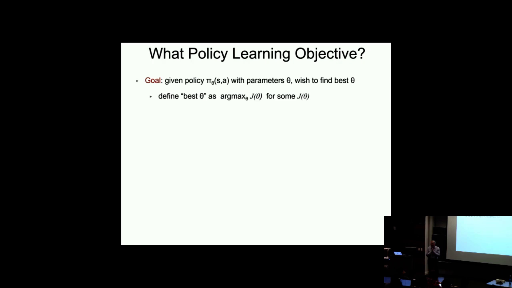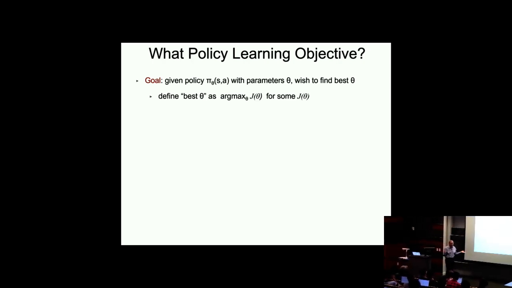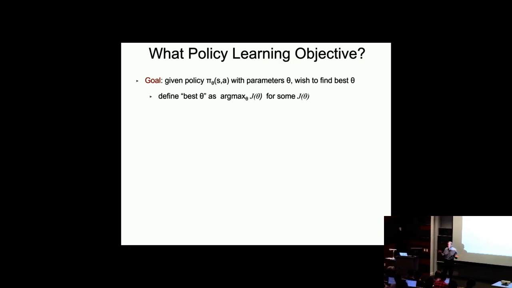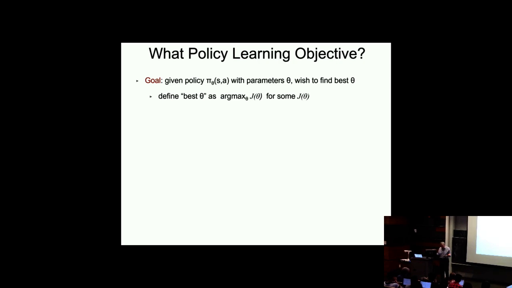Now that we're committed to learning policies, maybe even probabilistic policies, the very first question is, suppose we want to represent this policy by a neural net or some other function approximator, then what should be our training objective function?